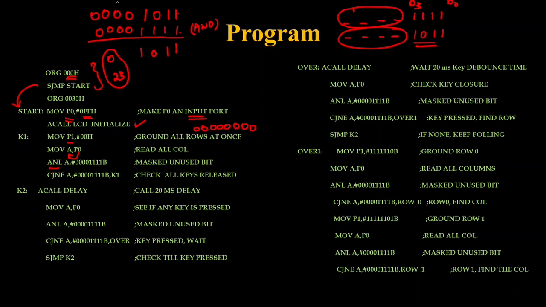So if some other program is trying to access port 0 and I get the value of 1 in the higher bits, when I do the AND operation, all the higher nibbles are converted to zeros. With the AND operation using 0, 0, 0, 0, 1, 1, 1, 1, I can make sure the higher nibbles of my accumulator are all 0, so that my comparison will be easy.